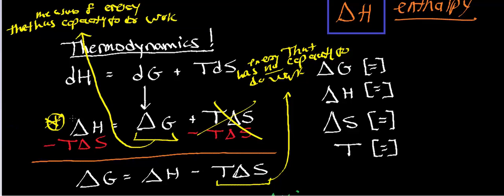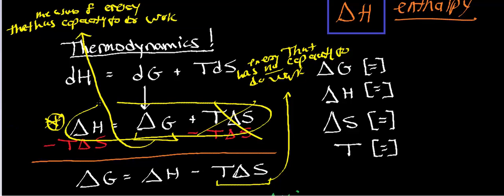If you look at this form of the equation, what is it telling us? If we add the energy that has the capacity to do work and the energy that doesn't, that should be the total energy change of the reaction, right?